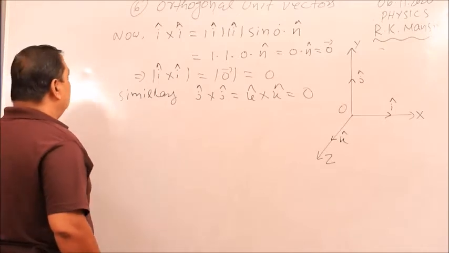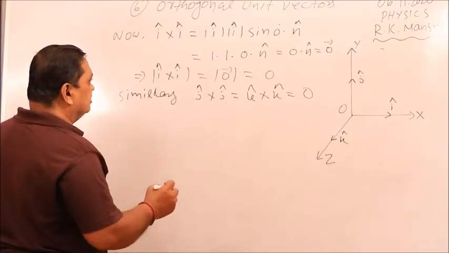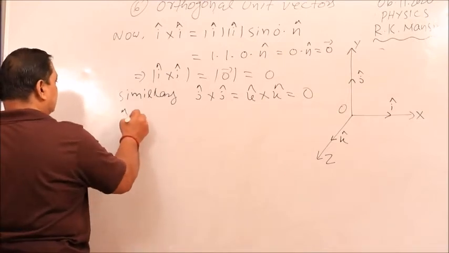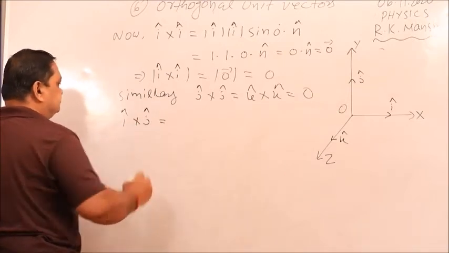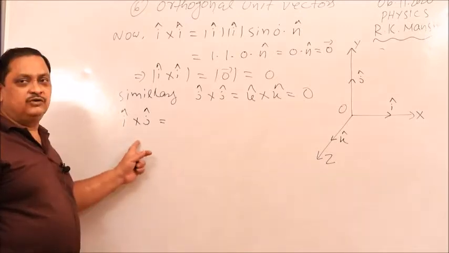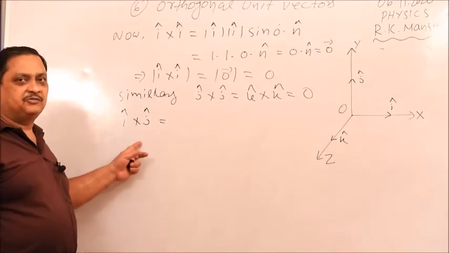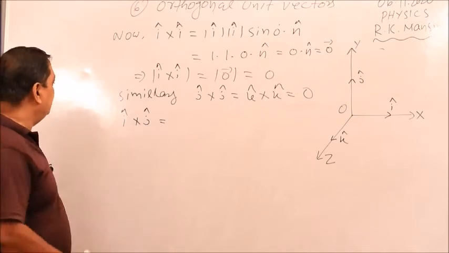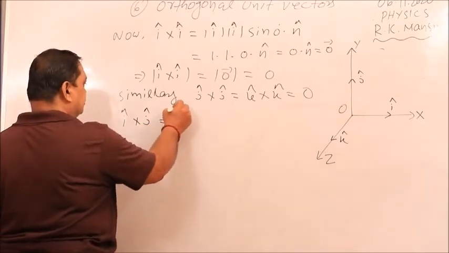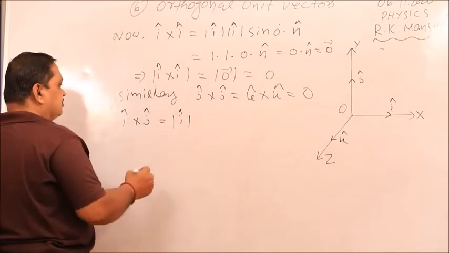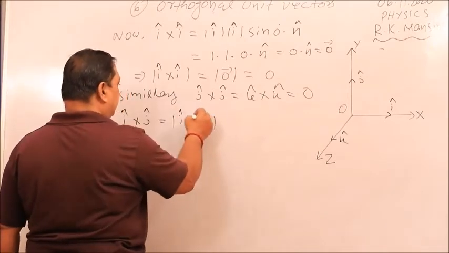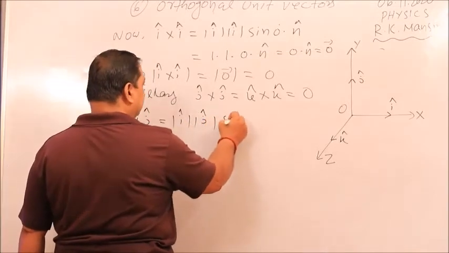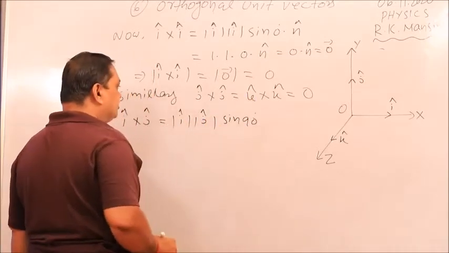Now we will find the value of i cap cross j cap. If you take 2 unit vectors, both mutually perpendicular to each other, then we will see what is the value of i cap cross j cap. You just find the magnitude of vector i cap, then magnitude of vector j cap, and angle between vector i cap and j cap is 90 degree since they are perpendicular to each other.